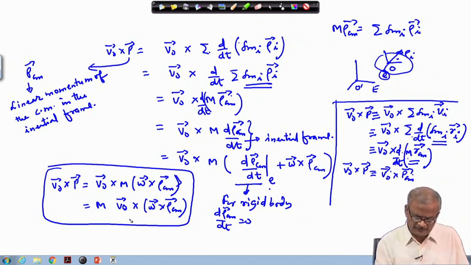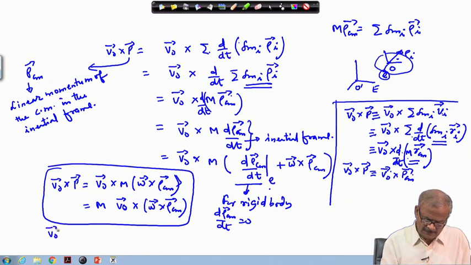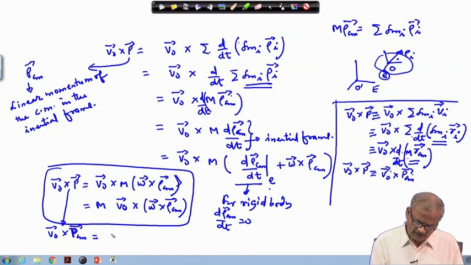So, by doing this, what we have done is that V 0 cross P C m can be written like this. Remember, this is P C m. This can be written using this.